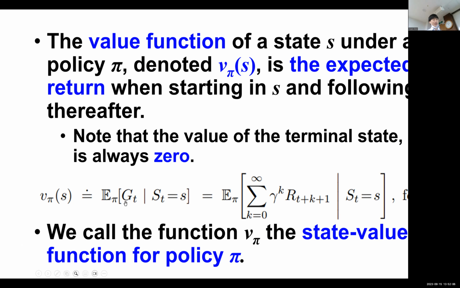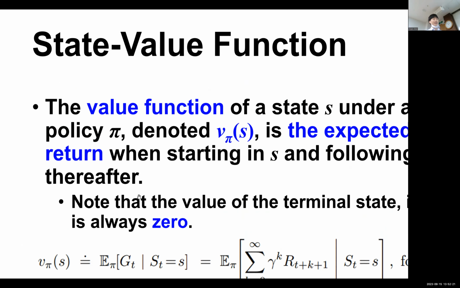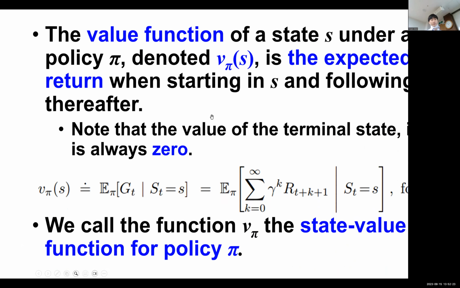What is the expected return for a particular state? Then we define it as v pi s. So it's related to state and reward. That's why we call it the state value function.